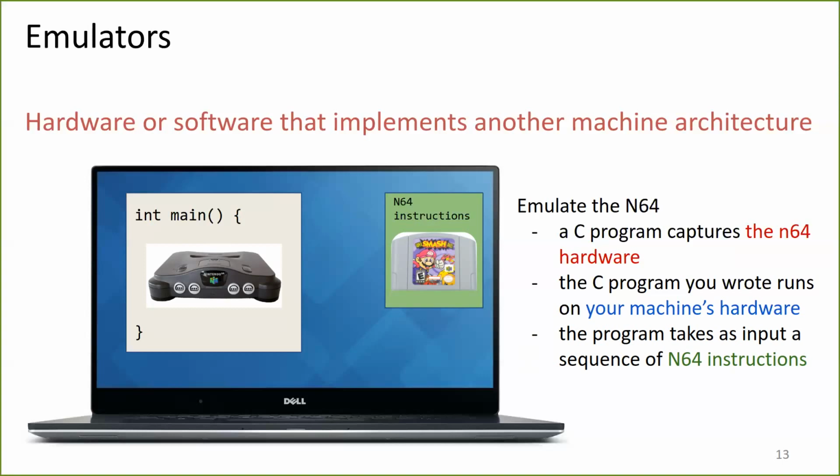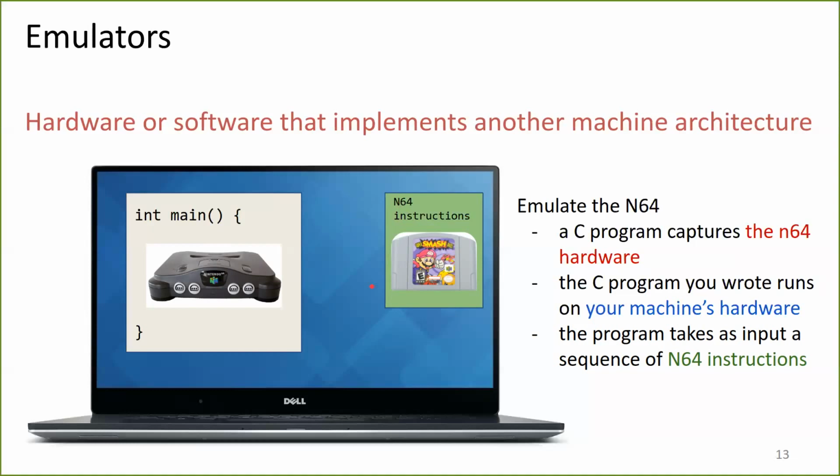So if I can put a sequence of N64 instructions in a file, say, that's what this rectangle represents, a file, and I code up my emulator, I write my program to read from this file, then I can pass the file as an argument to my C program and watch as my N64 emulator executes the instructions to play this game.